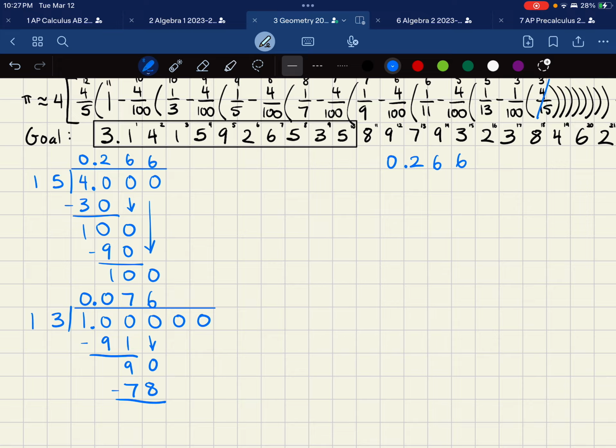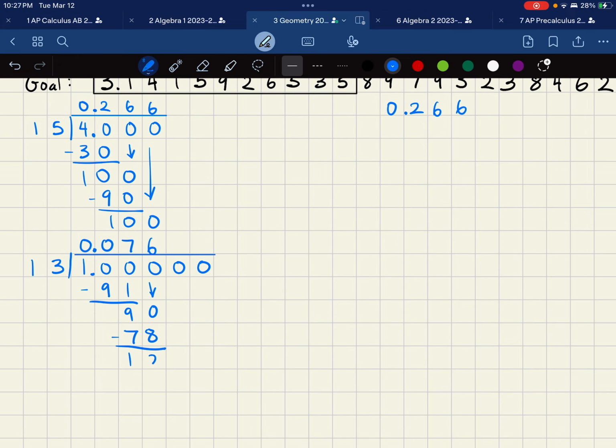Subtract. That's going to be 12, bring down 0, 120. 13 times 9 is 117. Subtract. That's going to be 3, bring down 0. And 13 times 2 is 26. And we'll leave it right there.